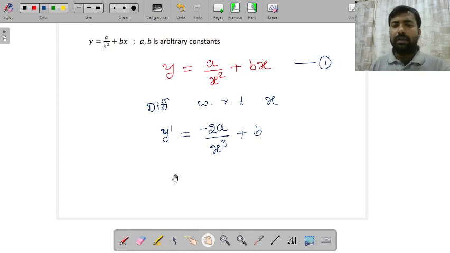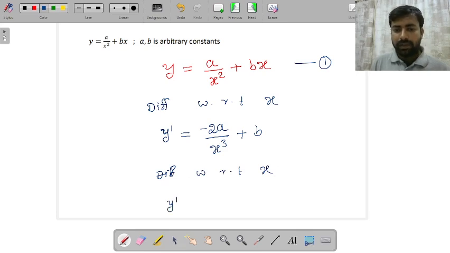Since you have two parameters, you have to differentiate it one more time, right? So let me differentiate this expression with respect to x again. So if you do that, you will get y second derivative equal to, this will be again minus into minus plus, this is 6a by x power 4 plus 0.